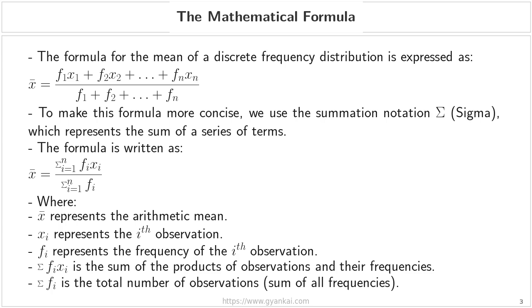The top part of our fraction, the summation of fi times xi, is simply the sum of all the products we calculated by multiplying each value by its frequency. And finally, the denominator, the summation of fi, is the total number of observations in our entire dataset, which is the sum of all the frequencies.